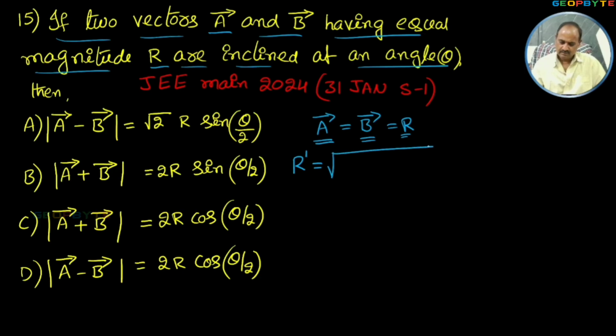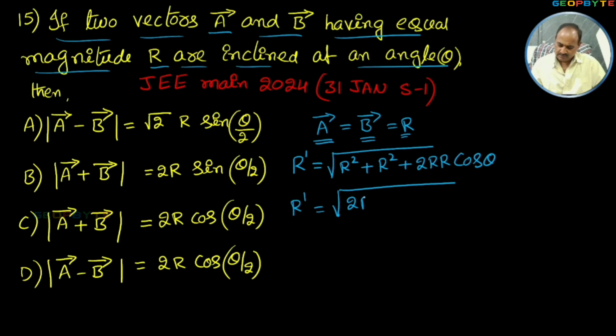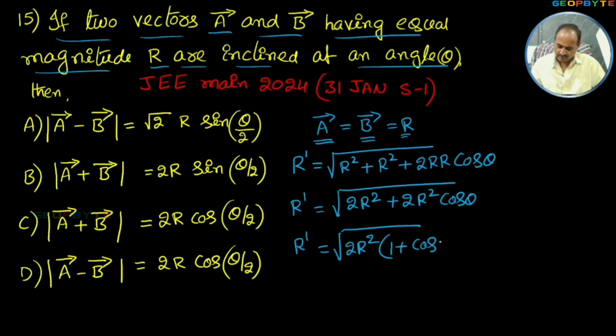R dash equals root over A square plus B square plus 2AB cos theta, which is R square plus R square plus 2R R cos theta. Then R dash equals root over 2R square plus 2R square cos theta. I can write 2R square outside, 1 plus cos theta. It is equal to R into root 2 into root over 1 plus cos theta.